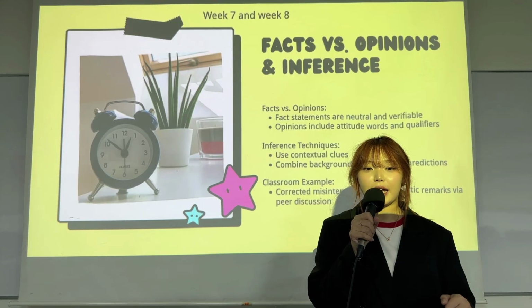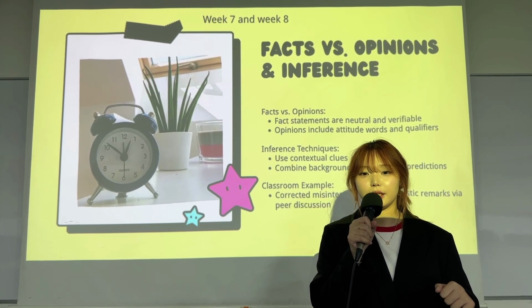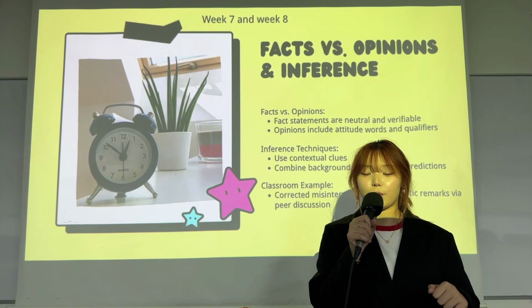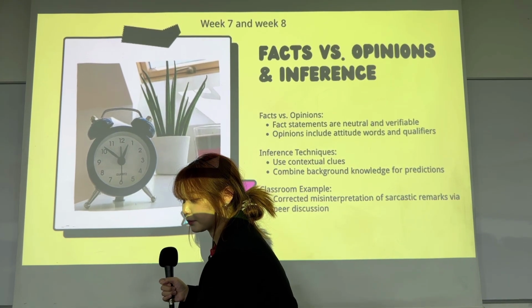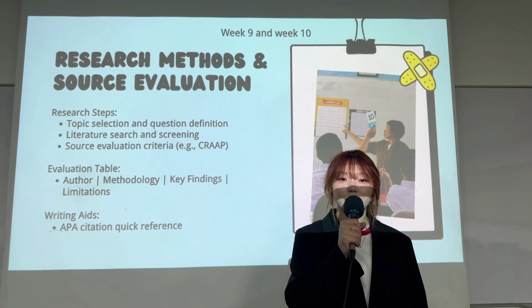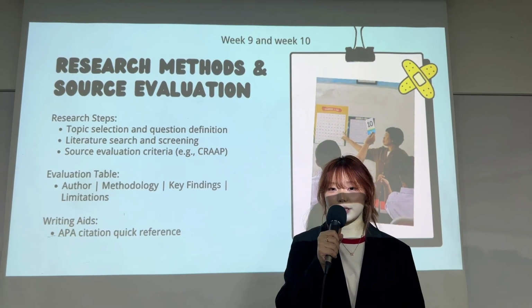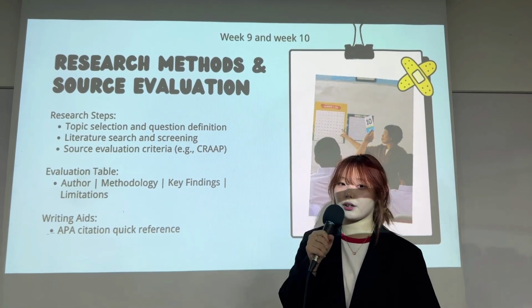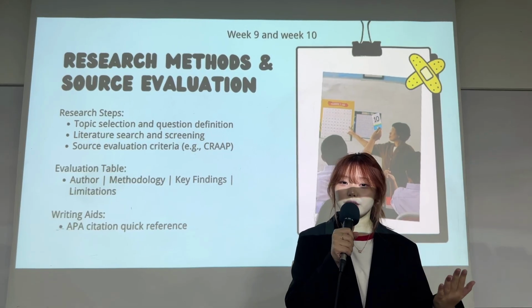After mastering my reasoning skills, I moved on to evaluating and gathering reliable sources in weeks 9 and 10. I learned how to assess the credibility and relevance of sources, which strengthened my research and helped me write an organized literature review.